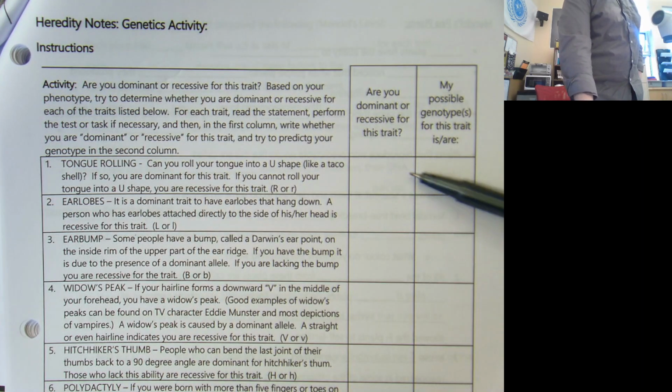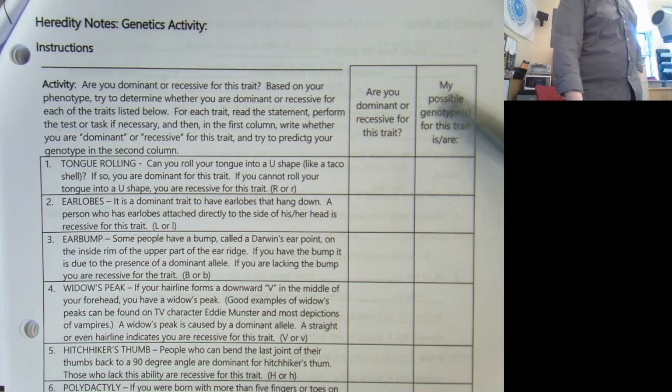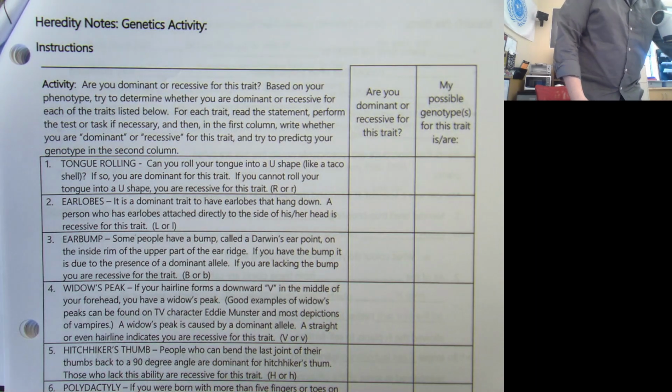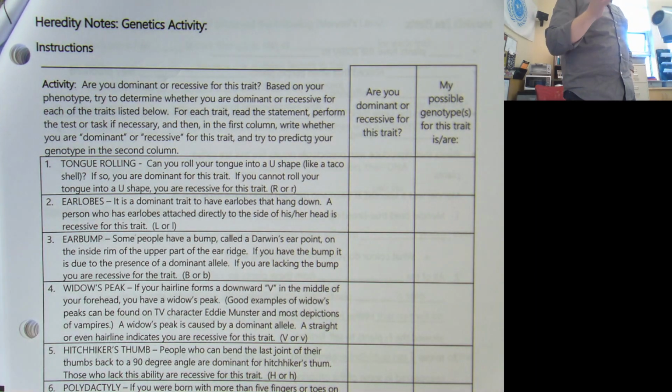Are you dominant or recessive? Ignore the second column. Just tell me if you're dominant or recessive. Can you do or can you not do? Okay, cool. Here's the next one, earlobes. I'm going to pull this back over.